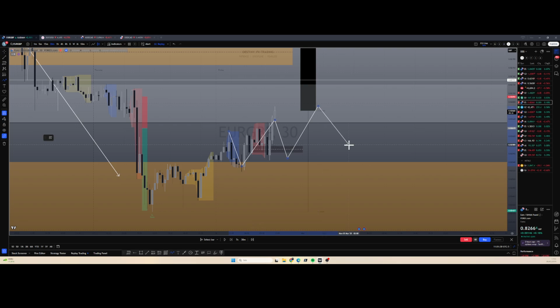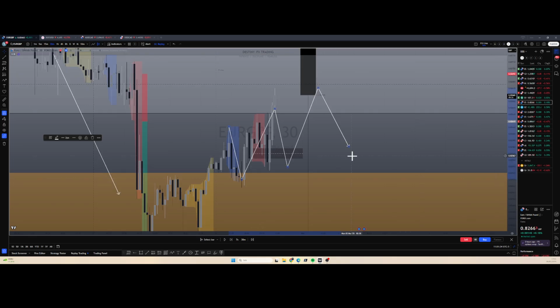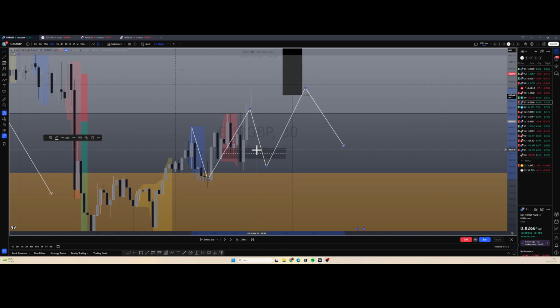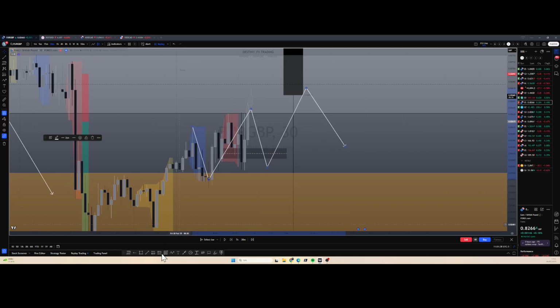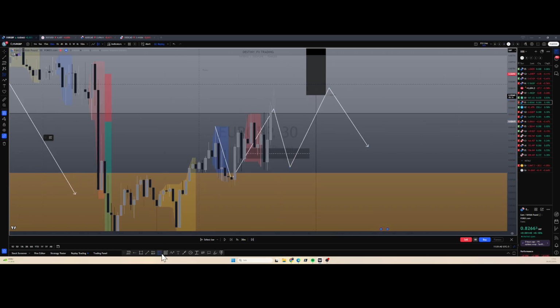So the reason why I thought something is not correct here is because I had a bearish bias. Or sorry, I had a bullish bias first, and then I changed my mind. And why is that?